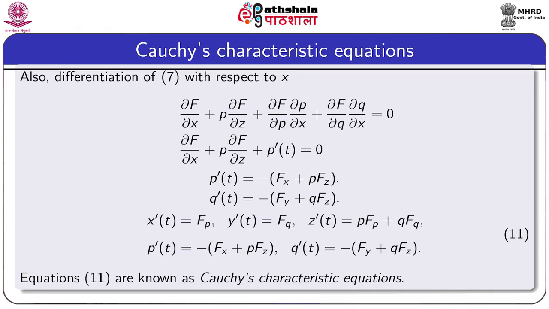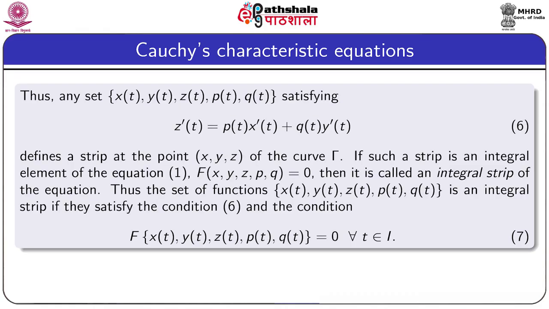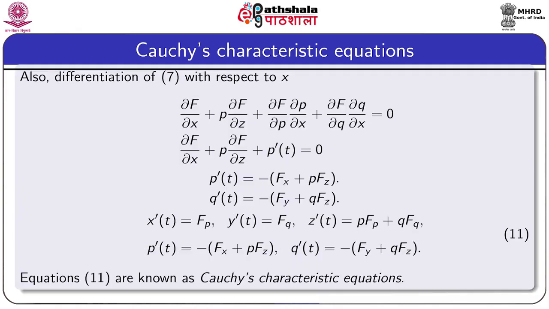Now, if we differentiate equation number 7 with respect to x, equation number 7 means the given differential equation F, where all the variables x, y, z, p, q are functions of t, we will get a relation in this form.